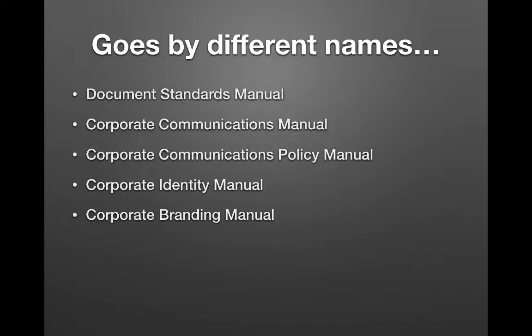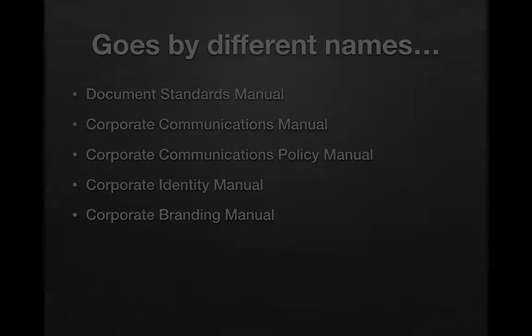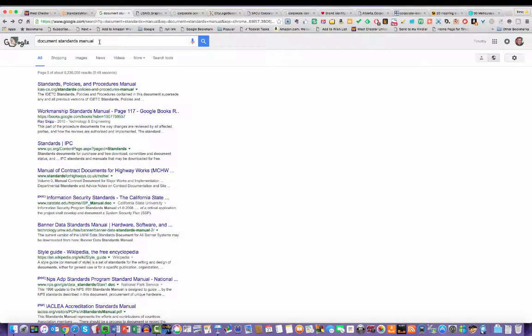So I just wanted to show you some examples I came up with by doing a Google search for some of these key terms. So let's take a look. When I searched for Document Standards Manual, I found a variety of documents.